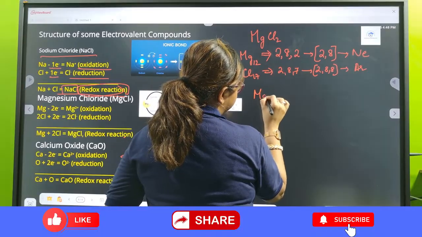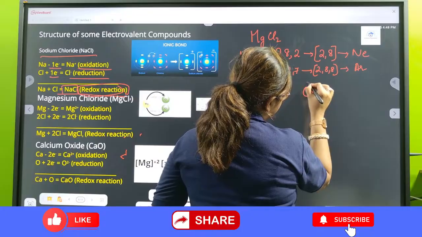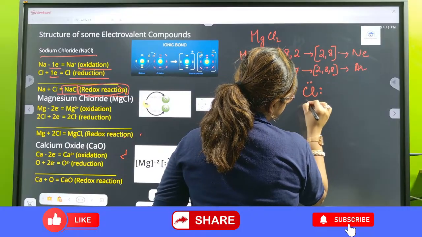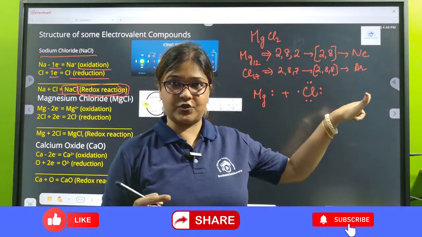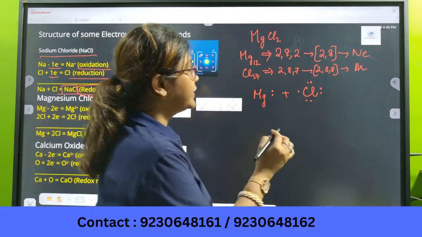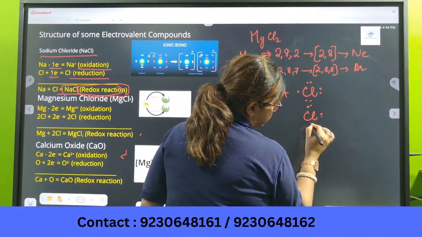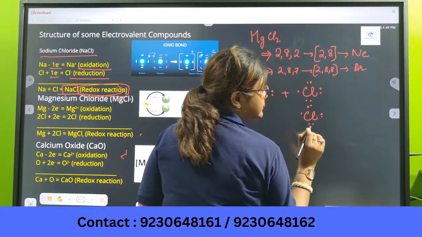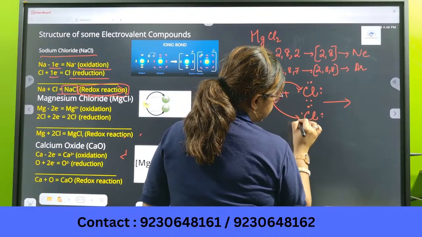Therefore magnesium has 2 electrons. Chlorine can accept 1 electron, but magnesium can give 2 electrons. Therefore it will combine with 2 atoms of chlorine to generate MgCl2.